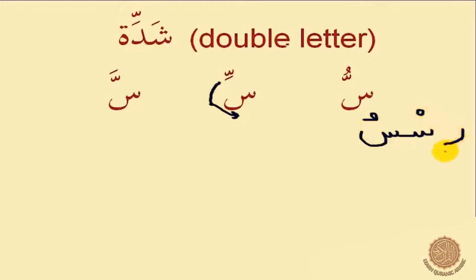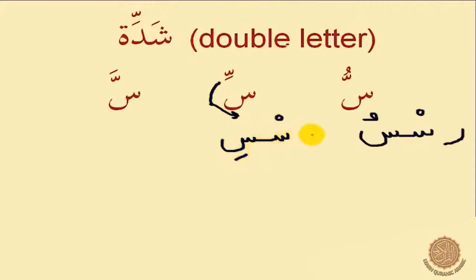So to pronounce this, we would say rassu. Rassu. Notice how I give the double letter. Rassu. Rassu. Now similarly, this is two seens as well. The sukun is on the first, followed by the kasra on the second.